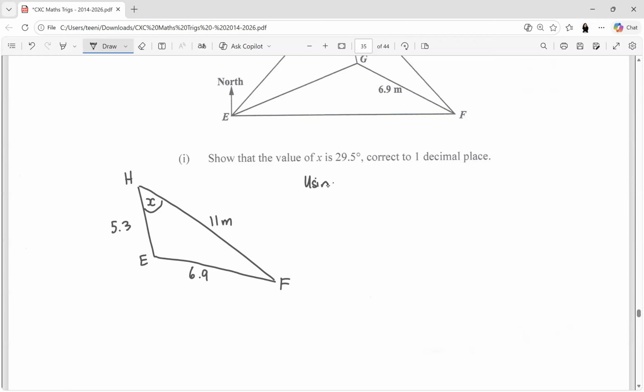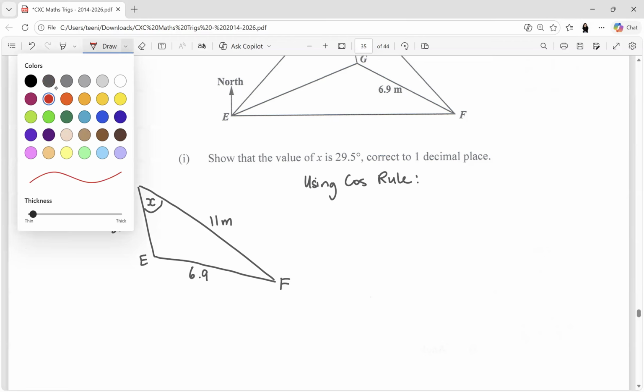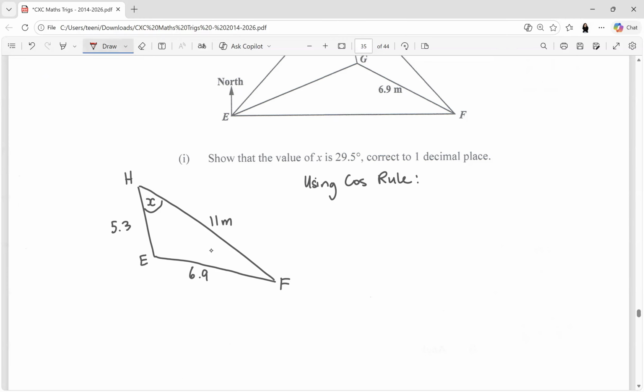So using the cosine rule, I find it's helpful, guys, to label the sides and the angles. The side opposite angle E is E, the side opposite angle F is F, and the side opposite angle H is H. We're trying to find angle H, so we use the cosine rule that begins with the side opposite angle H, that is side H, which is 6.9.